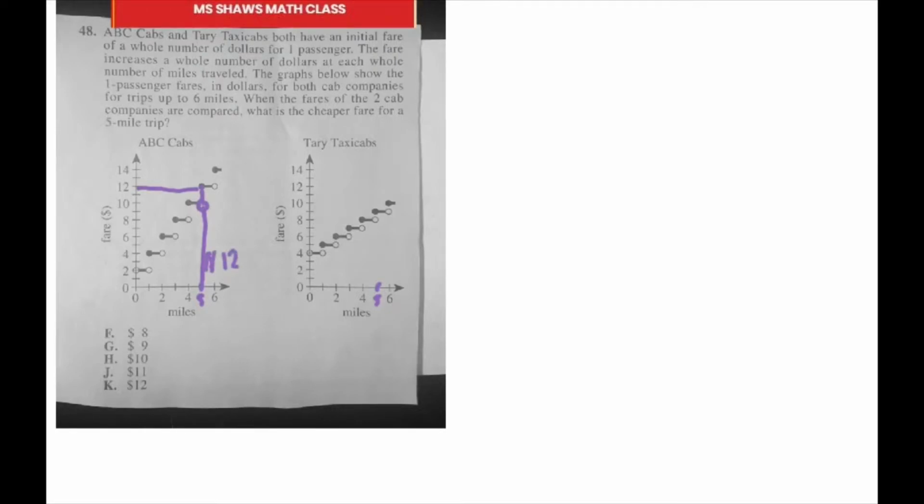This 5, we go straight up, and it's open, so we have to step up, and is that 9? So that's going to be 9. So what is the cheaper fare? That would be the Terry, and the cheaper fare would be $9.